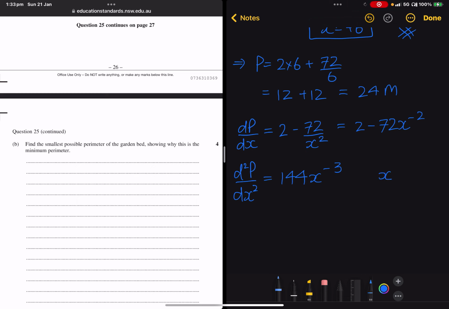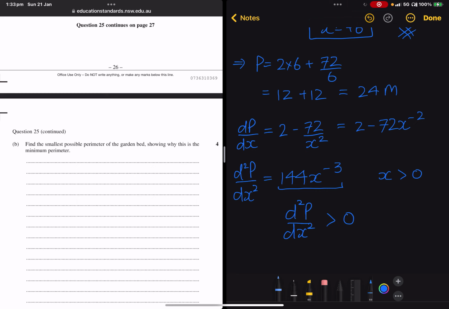And we know x is always greater than 0. And for the case of x is 6, or in fact for the case of every x value, this will be positive. Right? d squared p over dx squared is always going to be greater than 0, because there's no way to make this negative. 144 times a positive number to a positive or negative power is always greater than or equal to 0.